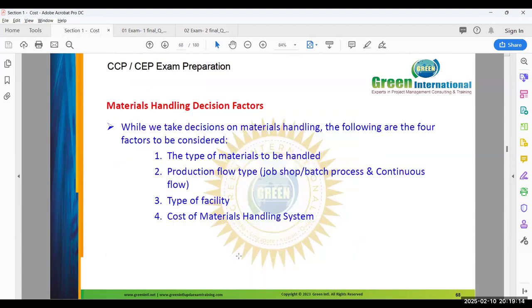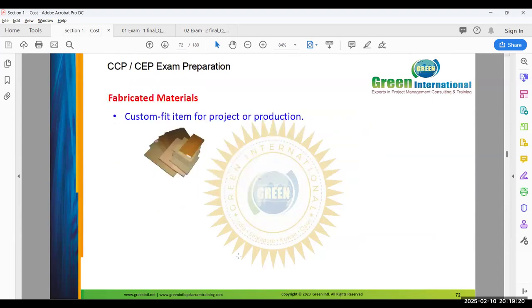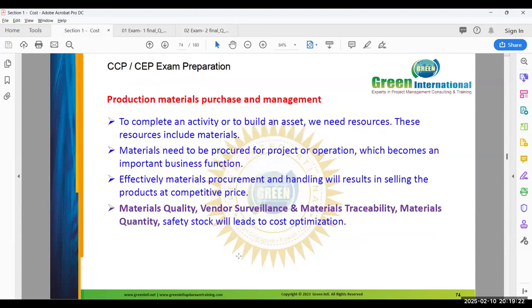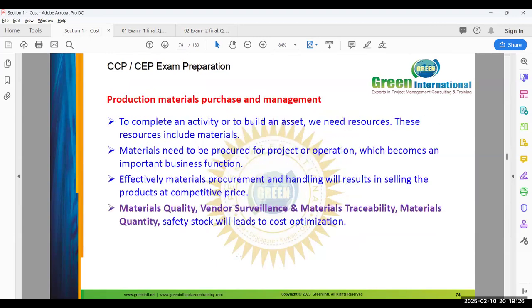This material handling, all this stuff is very simple. You just read this theory for understanding purposes only. What are the different types of material? This is very important, it will come in the theory questions.